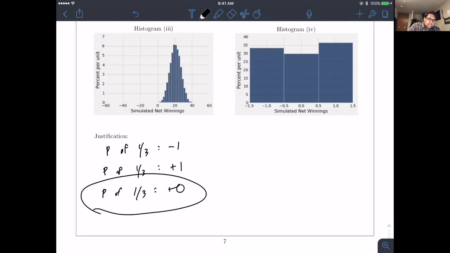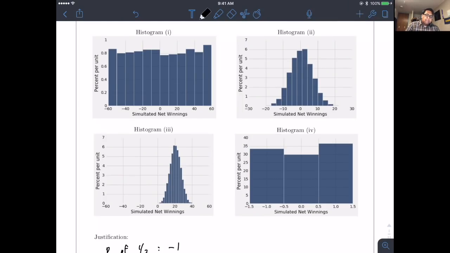Also, if we were to calculate the expected value, a third times -1 plus a third times 1 plus a third times 0, that's 0. So on average, you'd expect to not gain any money. So it wouldn't make sense for one of these graphs to not be centered around 0. So right there, you can go ahead and take away the third histogram.